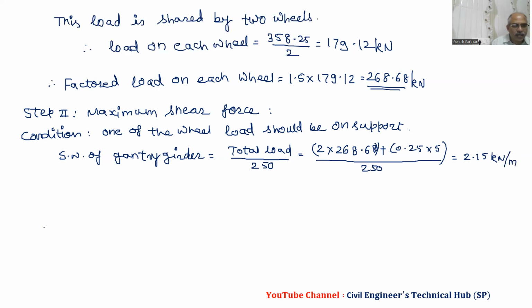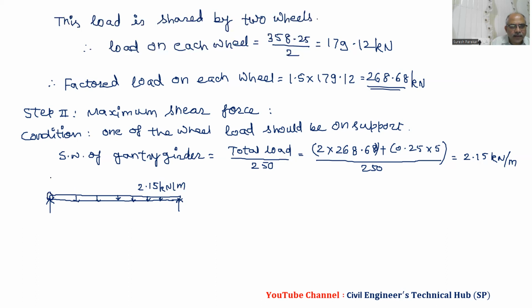And now we will put these loads on the gantry girder of span 5 meters. So we have this as the gantry girder, 5 meters. Self weight as a UDL, we have 2.15 kilonewton per meter. And then two loads we have there.